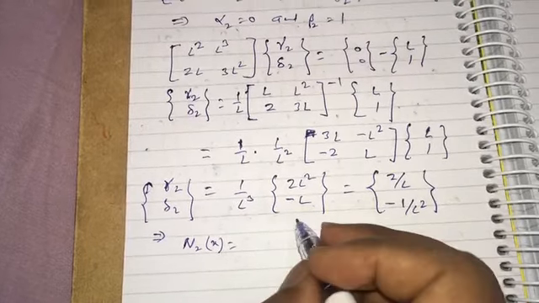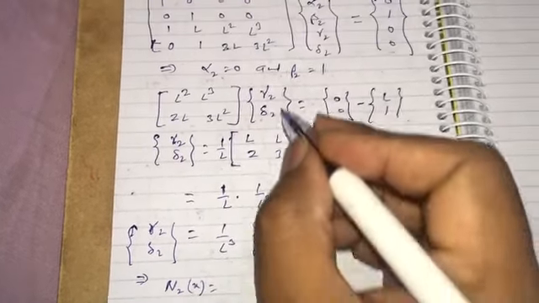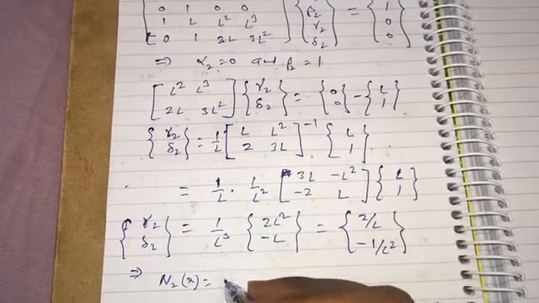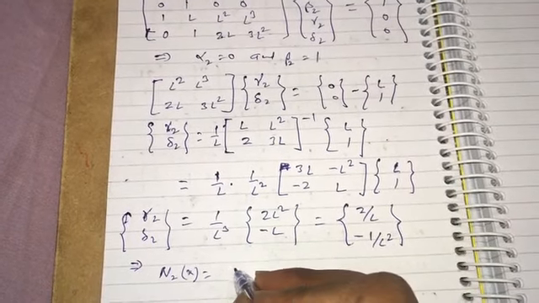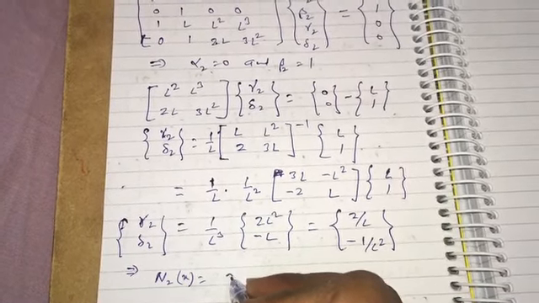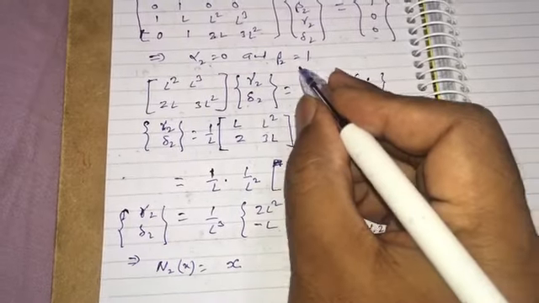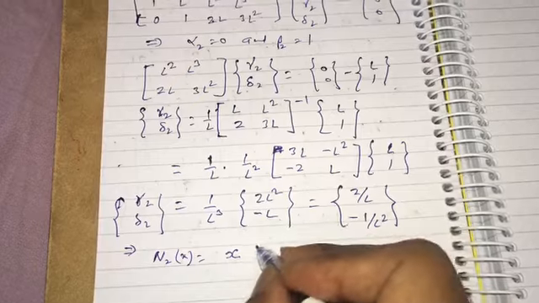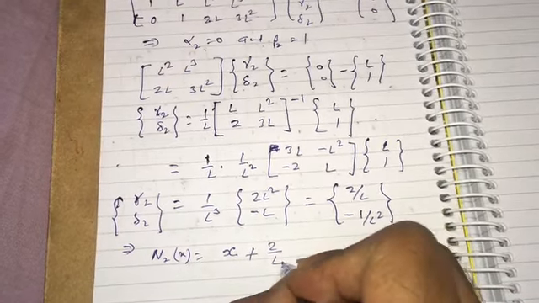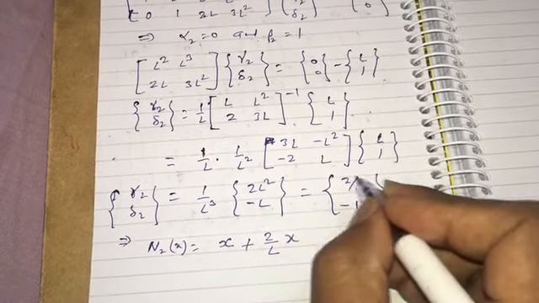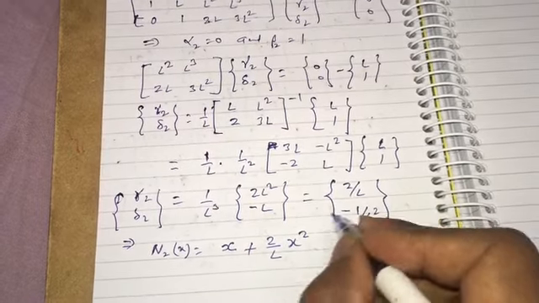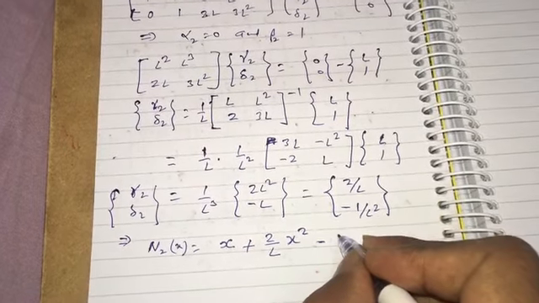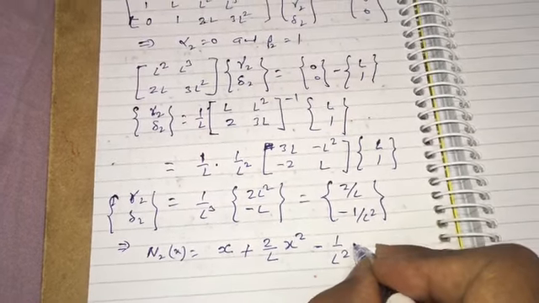in that term. So it will be equal to 0, so we are not writing here. Then x, beta 1, beta 2 is 1, so write x plus 2 over L x square minus 1 over L square x cube.